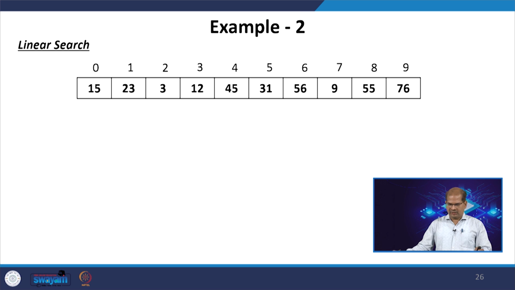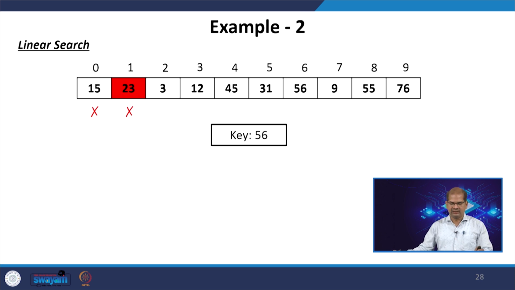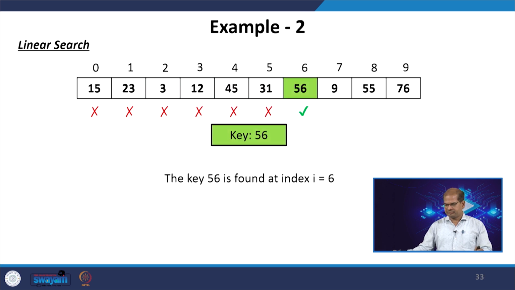So, let us take linear search. Linear search means we need to check whether the key 56 is there or not. The first element we checked, it is not there, second element, it is not there, third element, it is not there, fourth. So, at the sixth element we find the key.